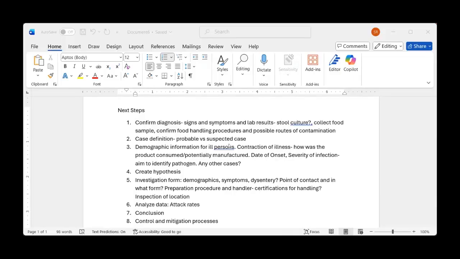Many of the things are maybe happening simultaneously, so even though it's 10 steps, recognize that some things are being done at the same time. But once we've confirmed the outbreak and we're trying to verify the diagnosis, it is based on the constellation of signs, symptoms, and the results that we may have from any investigations that have already been done.